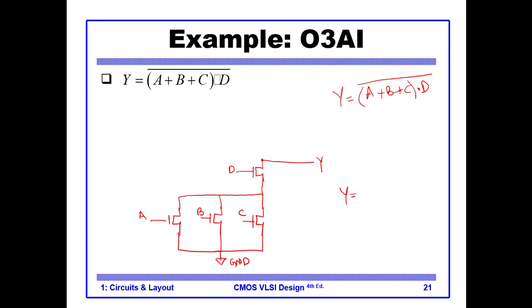What will be our pull up network? It will be (A plus B plus C) D double bar.